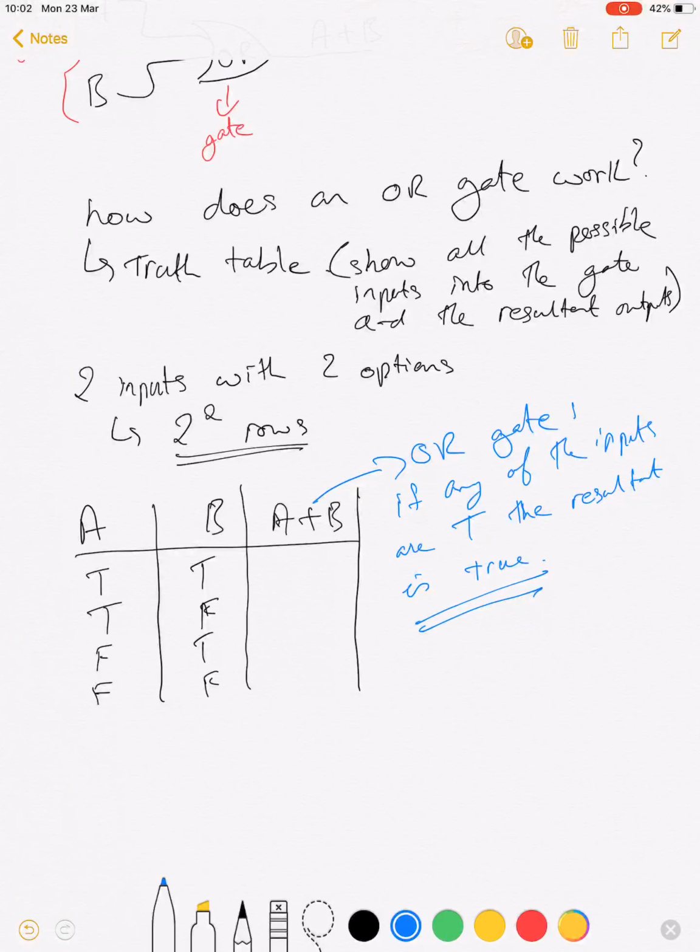So this simply means that when we look back through our inputs, wherever we see a true, the output's going to be a true. So true or true is true, true or false is true, false or true is true, and false or false is false.